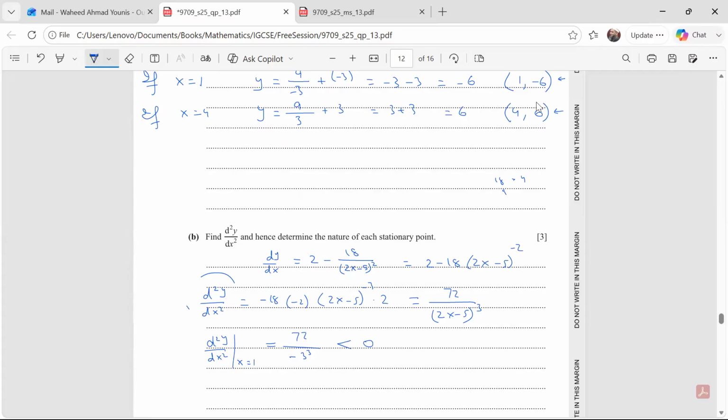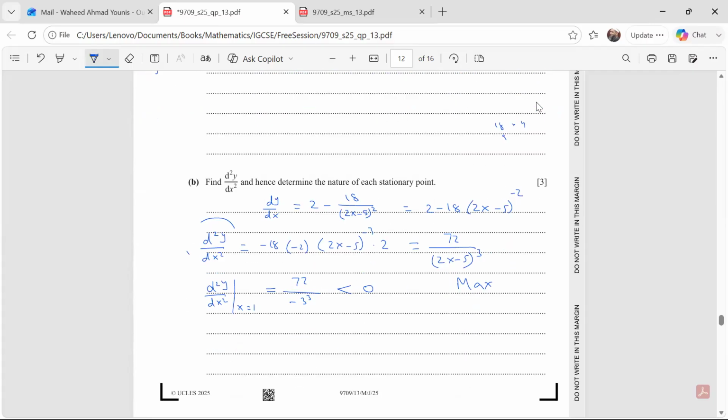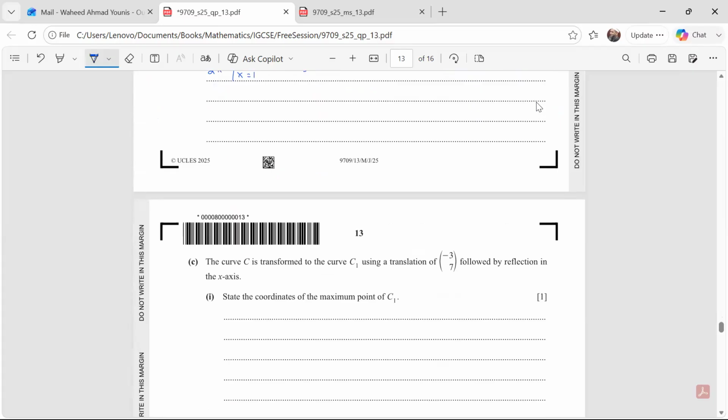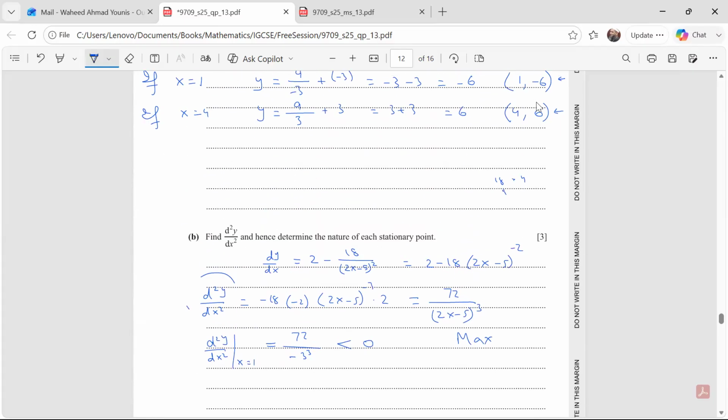You should know that when the second derivative is negative, that stationary point corresponds to a maximum. So this point is a max point. I hope you know the logic, but let me explain this quickly. If I have a curve which is maximum at some point, here the slope is positive, here the slope is 0, here the slope is negative.